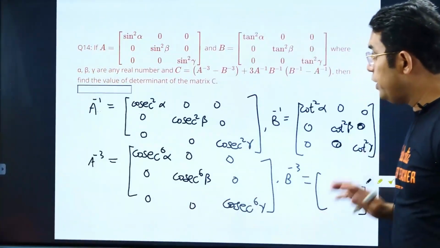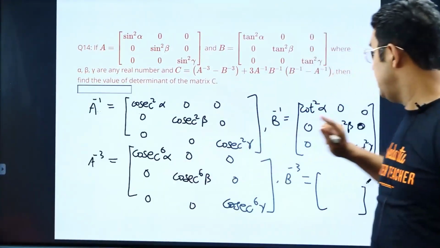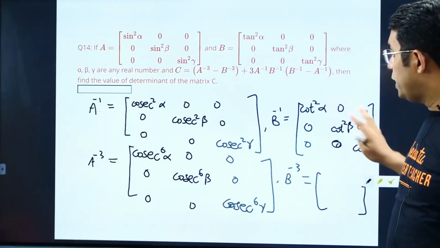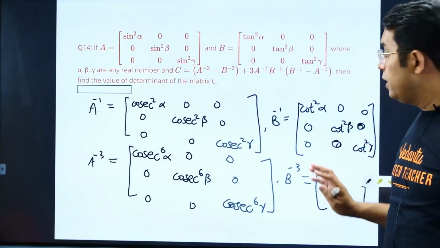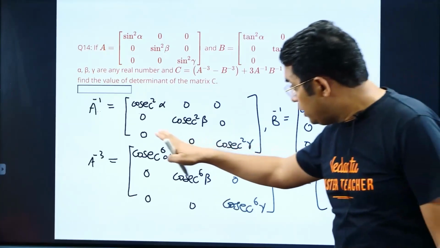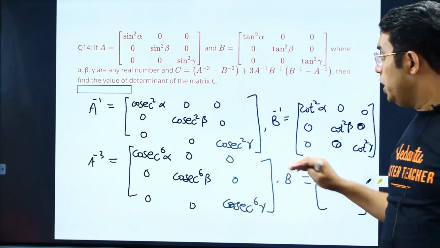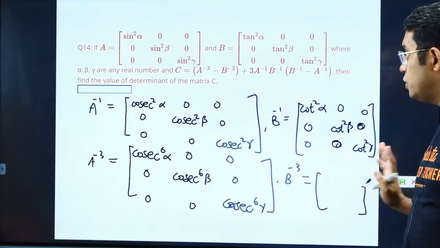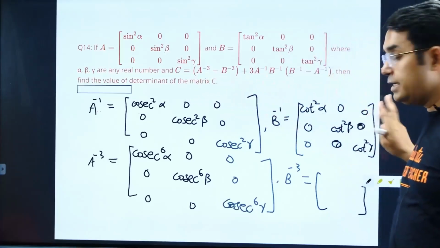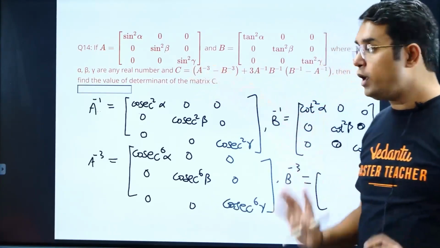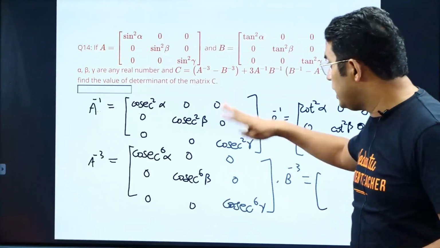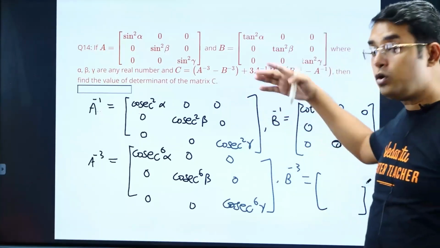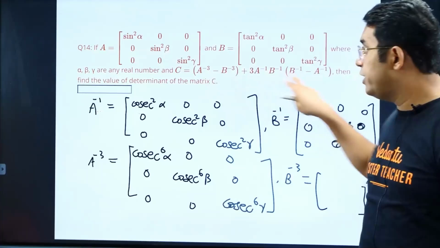Now if we know A power minus 3 and B power minus 3, we can see all such matrices have non-zero elements along the diagonal only, and all other elements are 0. Then if C is given like this, C will also have non-zero elements only along the diagonal. All other elements which are not on the diagonal will be 0 everywhere.